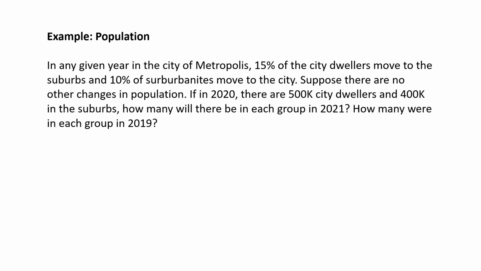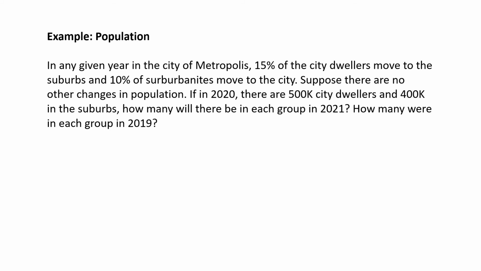What does it look like next year? What does it look like in 2021? What is it the year before in 2019? How does it change? And again, we're going to use linear algebra to solve this problem. Again, it's very simple. We don't have any other changes in population.